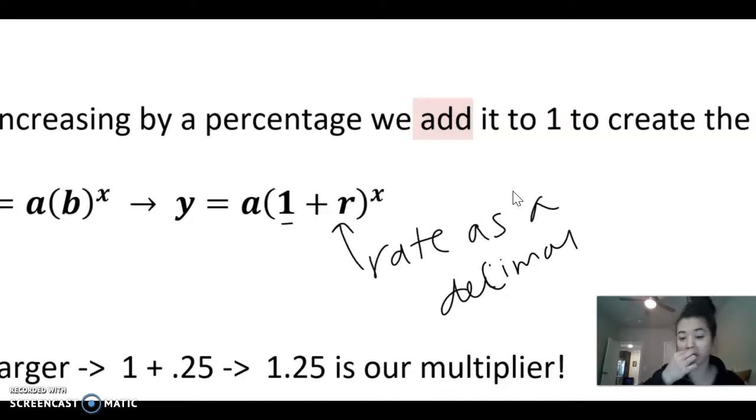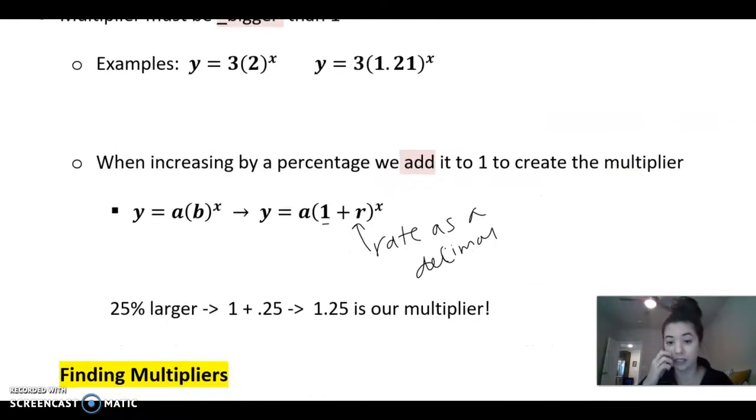That's why we just did that percent and decimal work. We have to take that percentage, change it into a decimal and add it to 1, and then there is our multiplier.